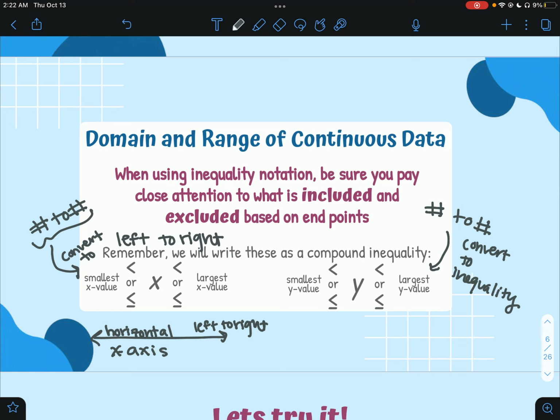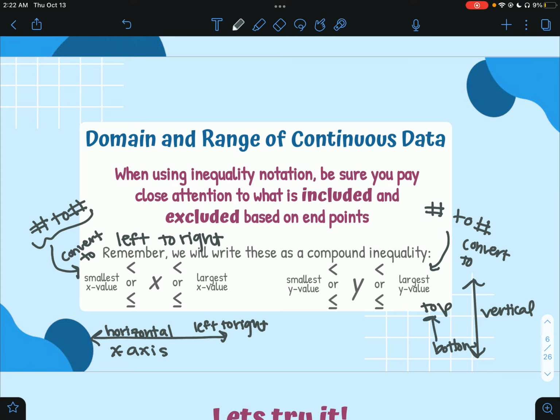And range, because it's the y-axis, I'm actually going to get rid of this word inequality because I need some more space. The y-axis is vertical. Which means when looking for the smallest y value, we're going from bottom to top.